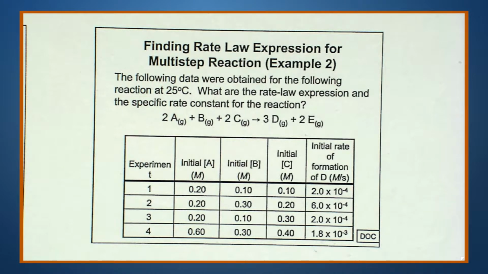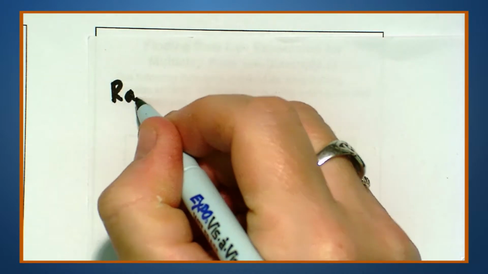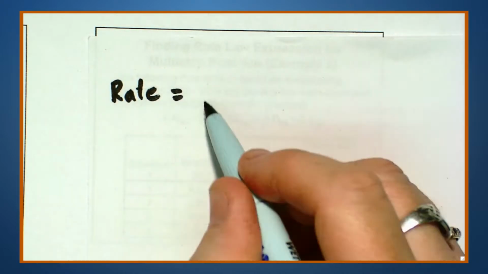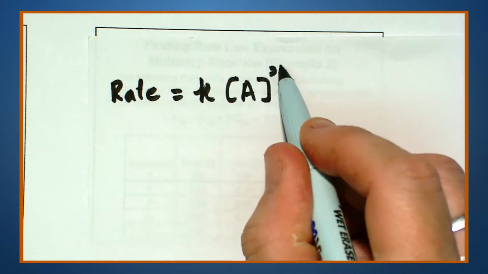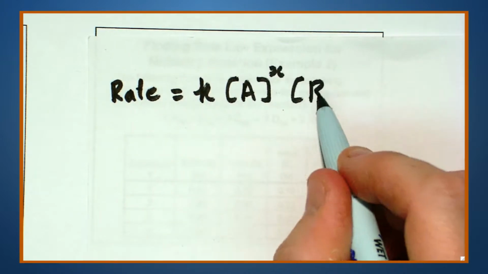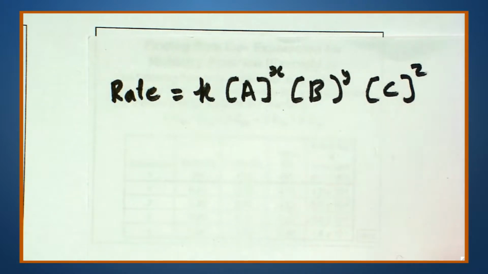So what I'm going to do is write out the brute force way of doing it, and then we'll go through and do the by inspection method. I'm going to write the rate equation down here. So let's see how we do that. We can write rate equals k, A, we're going to use x, y, and z, because we just don't know what they are.